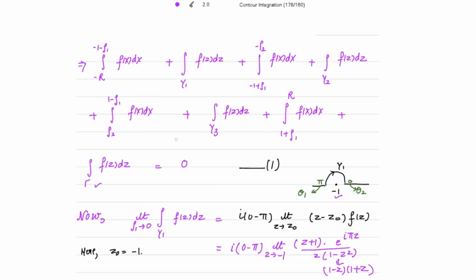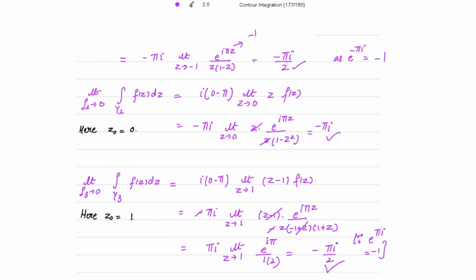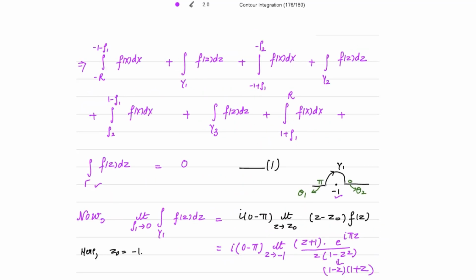Because R is tending to infinity, minus R will change to minus infinity, and because rho 1 is tending to 0, this is negative 1, the upper limit. Then put the value of this integral for gamma 1, which we calculated as minus pi iota by 2.